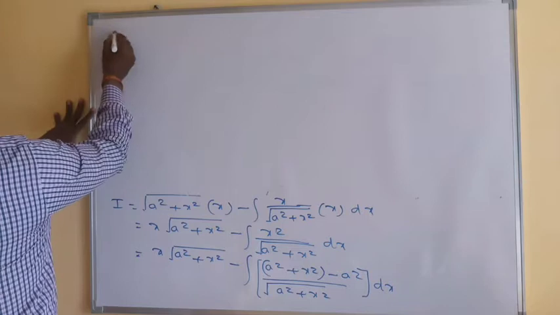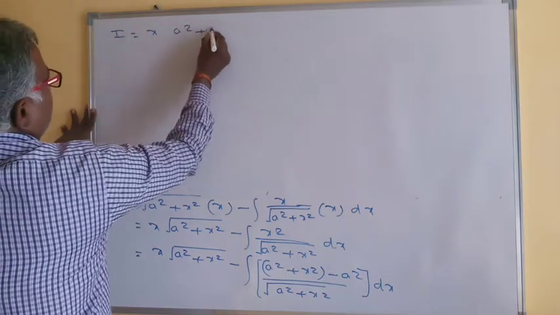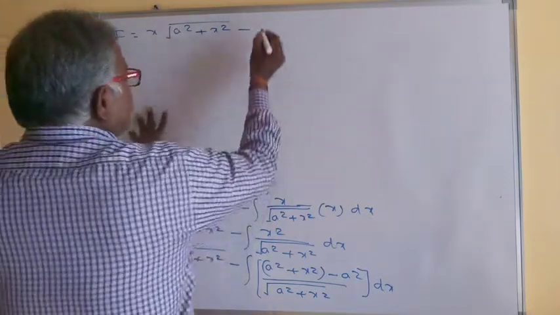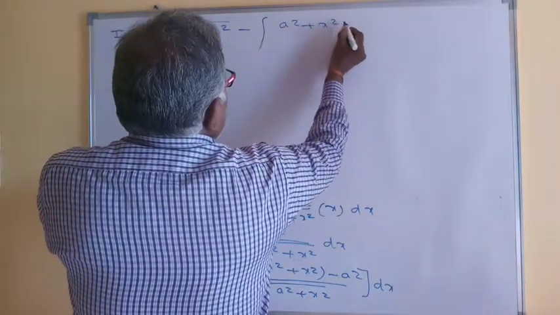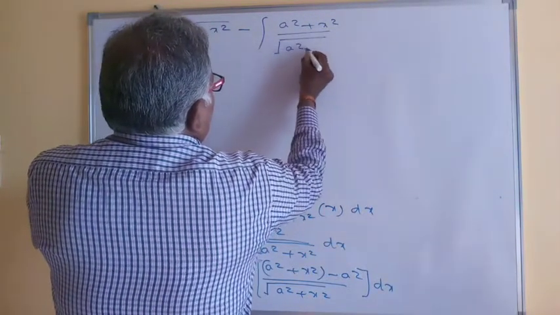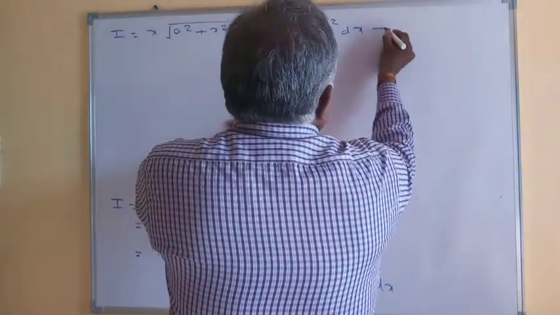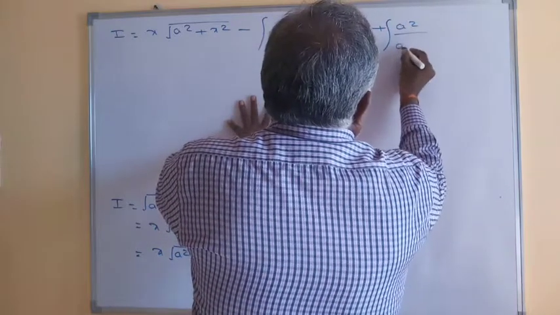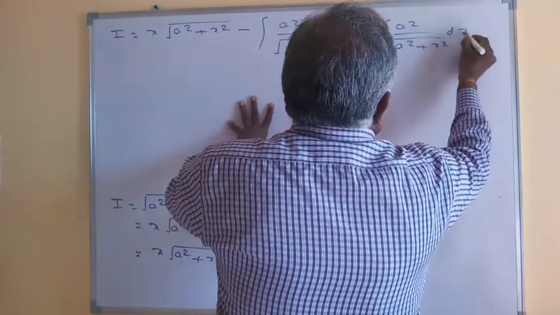So I is equal to x into root of a square plus x square minus, now separate these two, a square plus x square by root of a square plus x square dx. Minus minus plus, a square by root of a square plus x square dx.